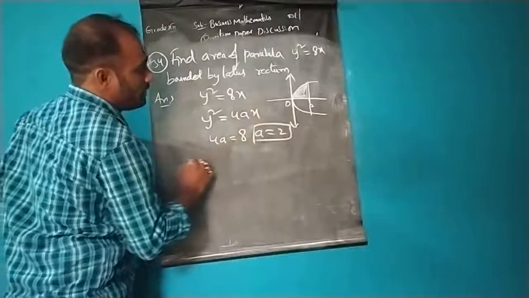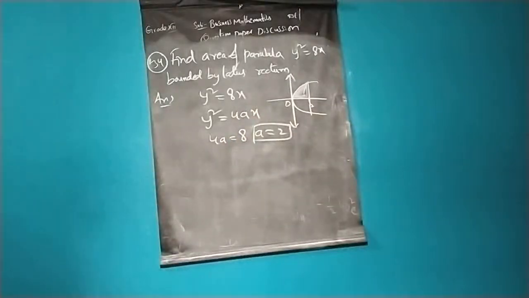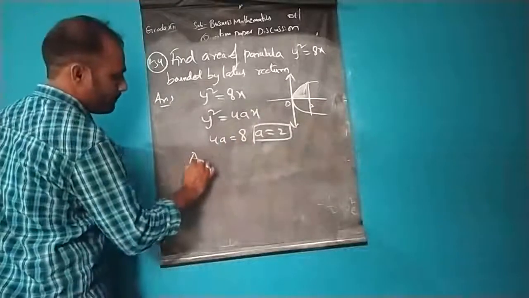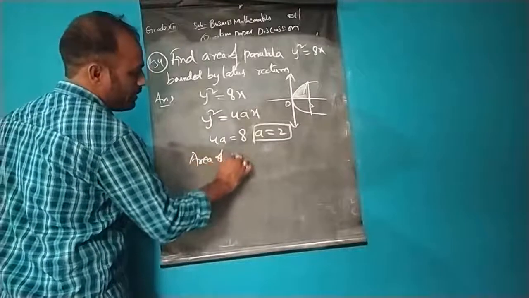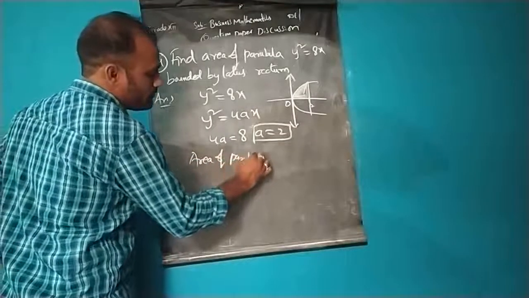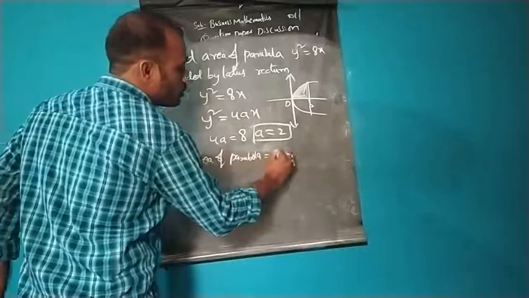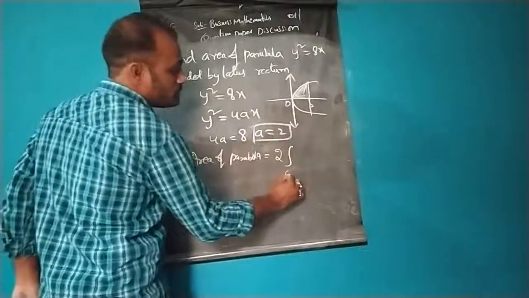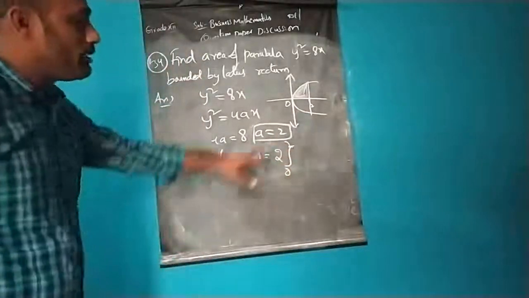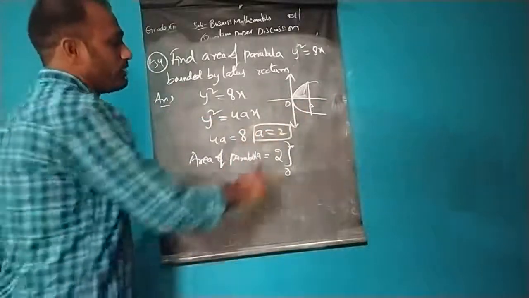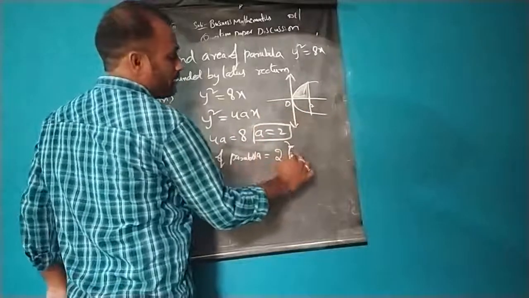Now, to get this area, the area of the parabola region is equal to 2 into integral 0 to 2. Why are we taking 0 to 2? Because it is bounded by the interval 0 to 2 and the y value.